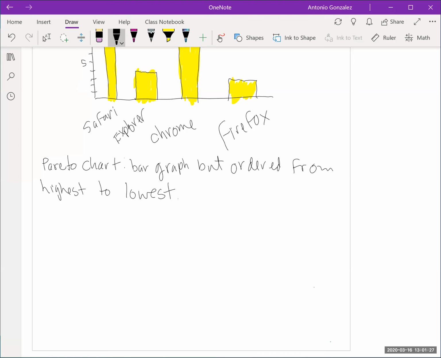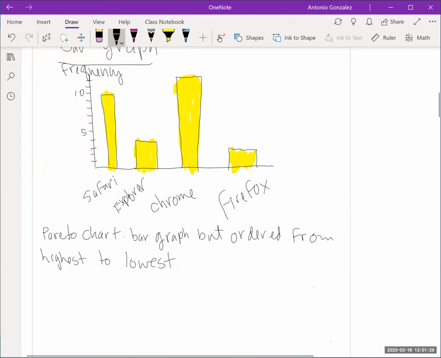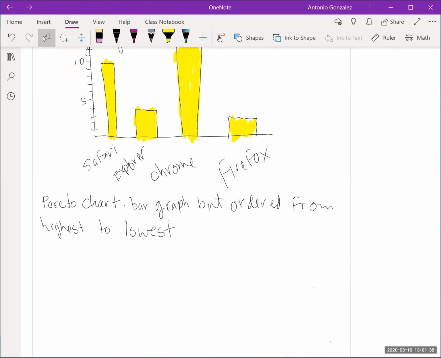All right, so for example, we have the bar graph, and my Pareto chart is going to look very similar to this, right? From highest to lowest always, yeah.